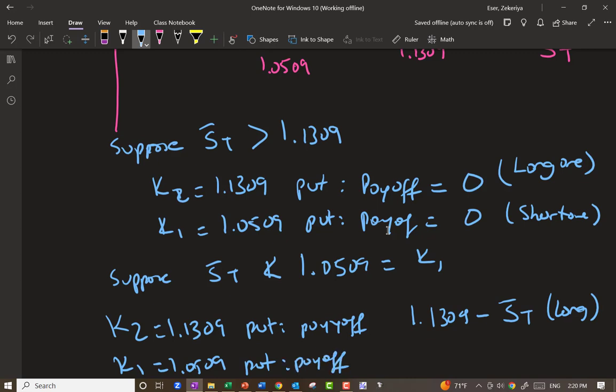And this is going to pay off 1.0509 minus S bar T. This is short.